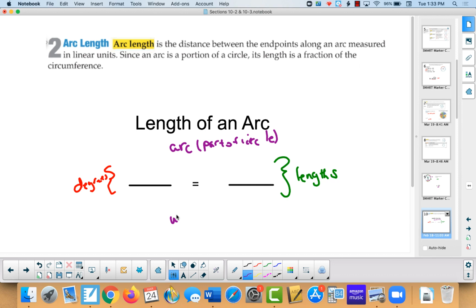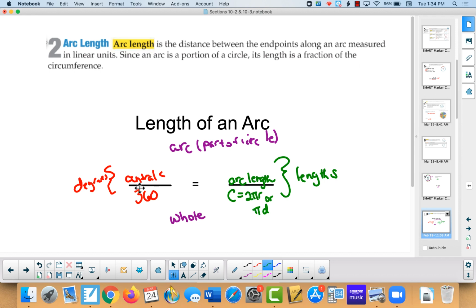And on the bottom, we're going to have the whole circle. So for degrees, here we would have the central angle measure, which is also equal to the arc measure. And here we're going to have the degrees of the whole circle, which is 360. For lengths, we're going to have the arc length, which is the part of the circle, and then the length of the whole circle, which we call the circumference, which is 2 pi r, or pi times the diameter.